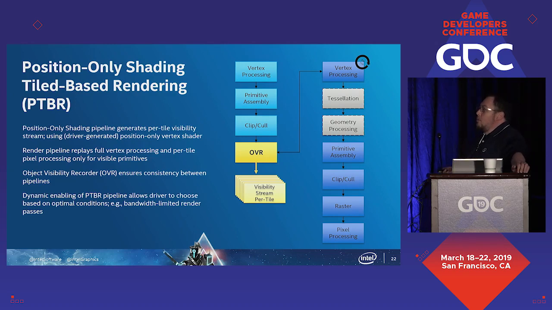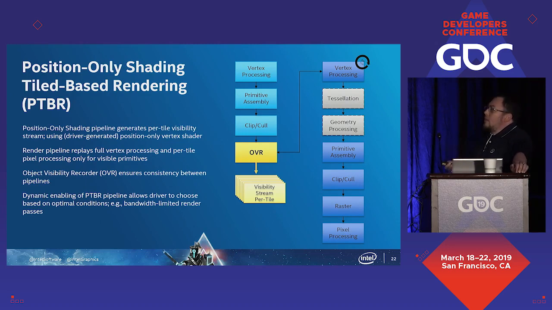We run it through the rasterizer as well to figure out what the end visible triangles are going to be. We have this unit down here called the OVR unit, the Object Visibility Recorder, and what it does is basically output a highly compressed visibility token stream to memory.